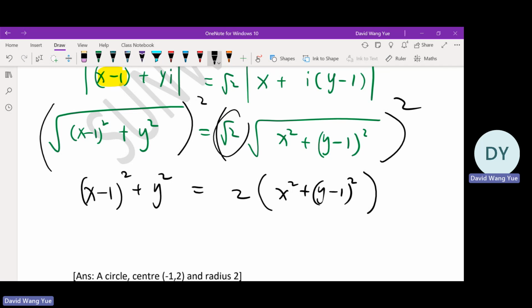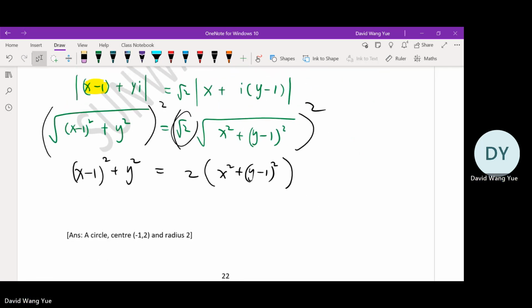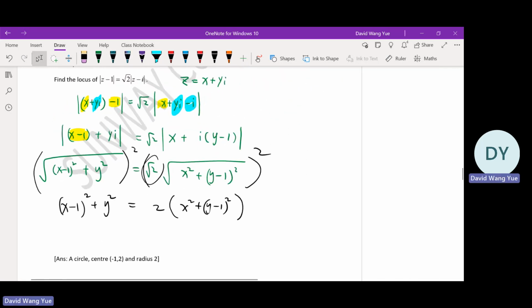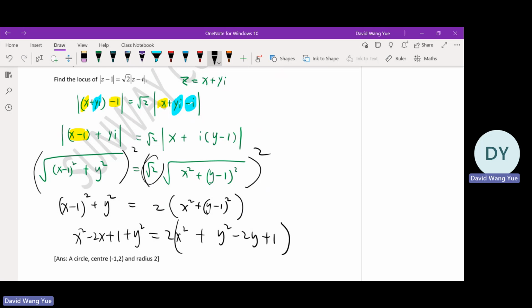After that, you can just do the expansion. Here I may add one more step. I firstly expand y minus 1 squared, then everything times 2.